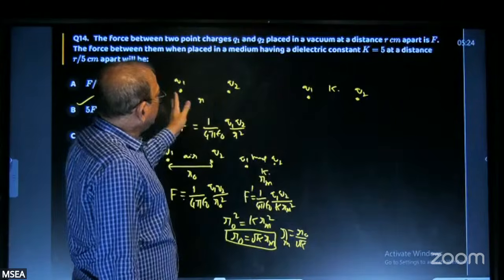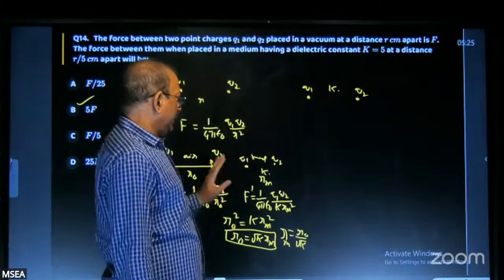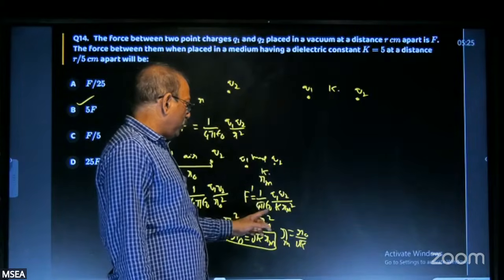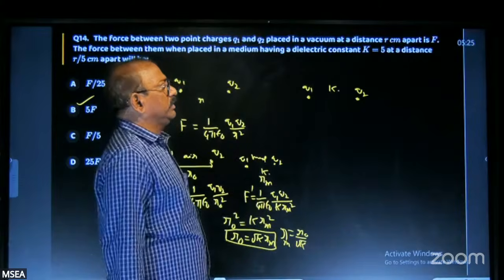If the total distance is occupied by one single medium of dielectric constant K, then the force exerted by them is 1 by 4 pi epsilon naught Q1 Q2 by K into R square.